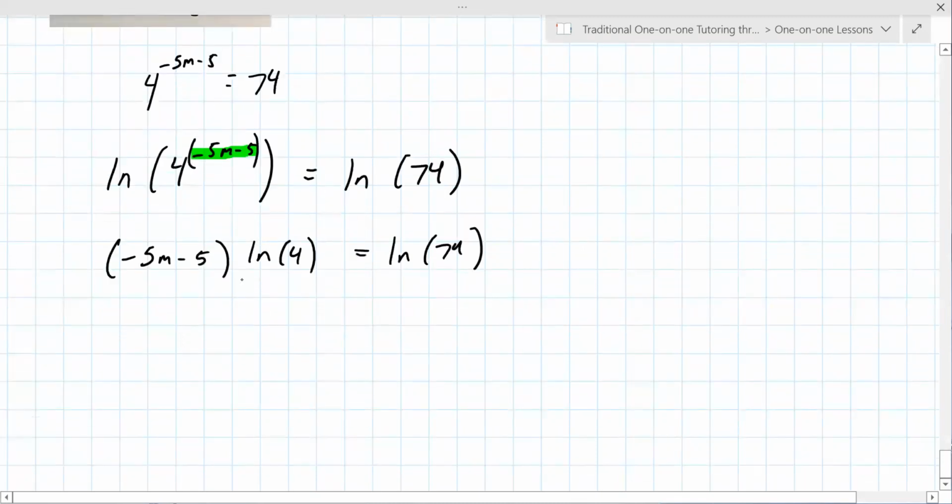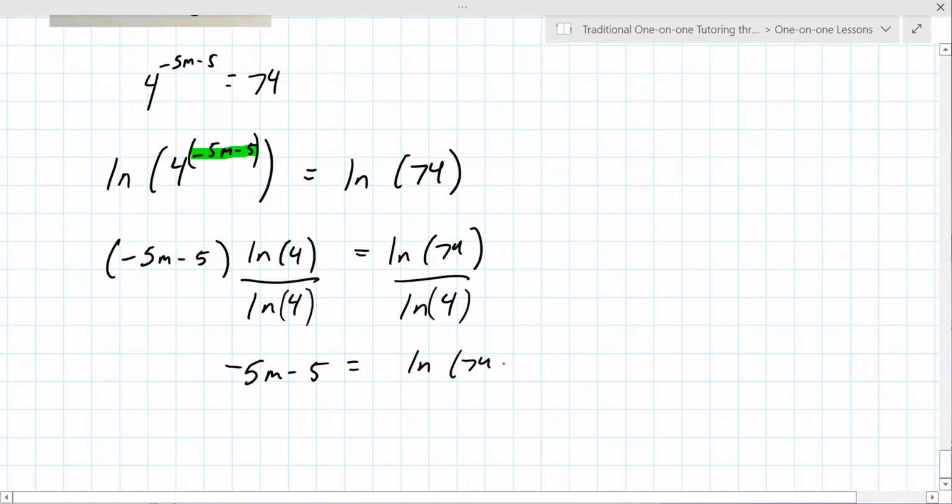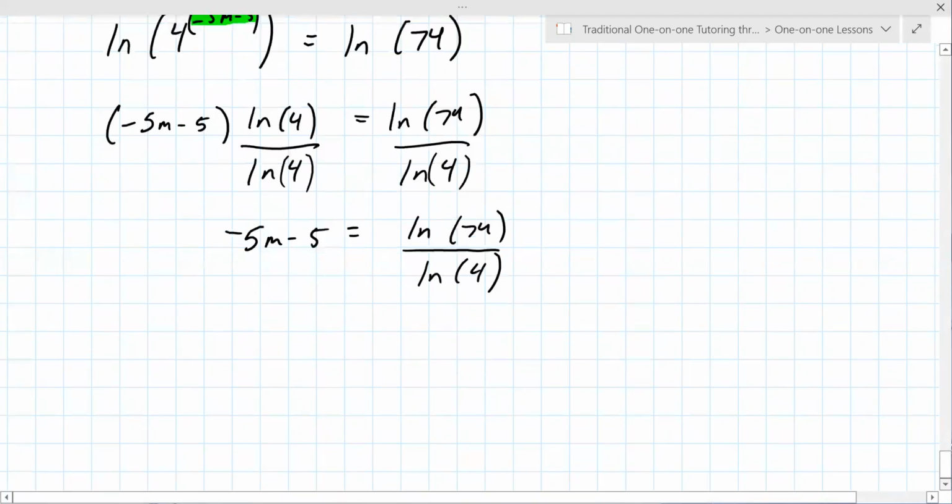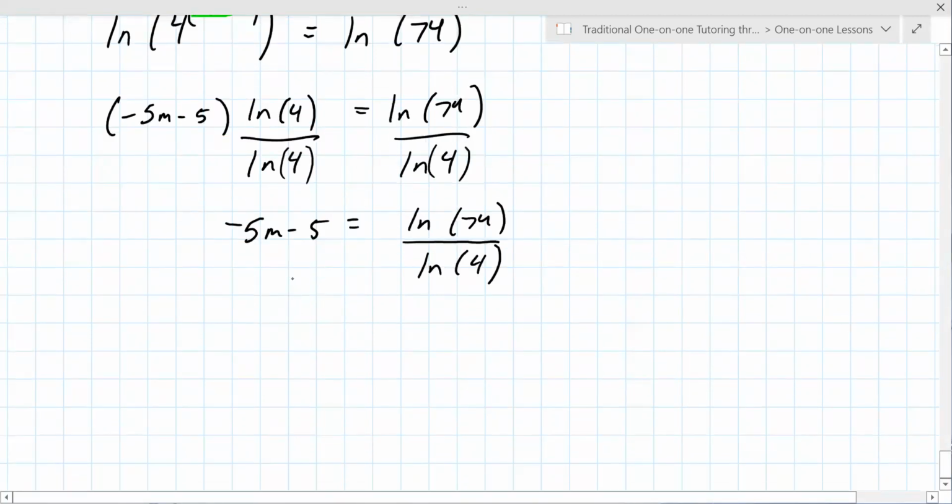So now to solve for m, you're going to divide both sides by natural log of 4. It's up to you if you want to write it in parentheses. I go back and forth depending on where it is in the problem. Okay, and then from here you're going to add 5 to both sides, and then you're going to divide by -5.